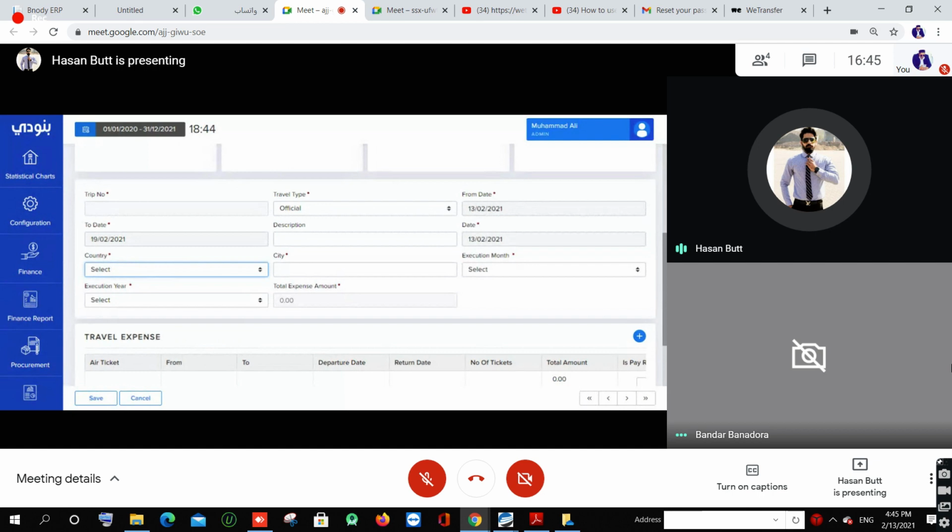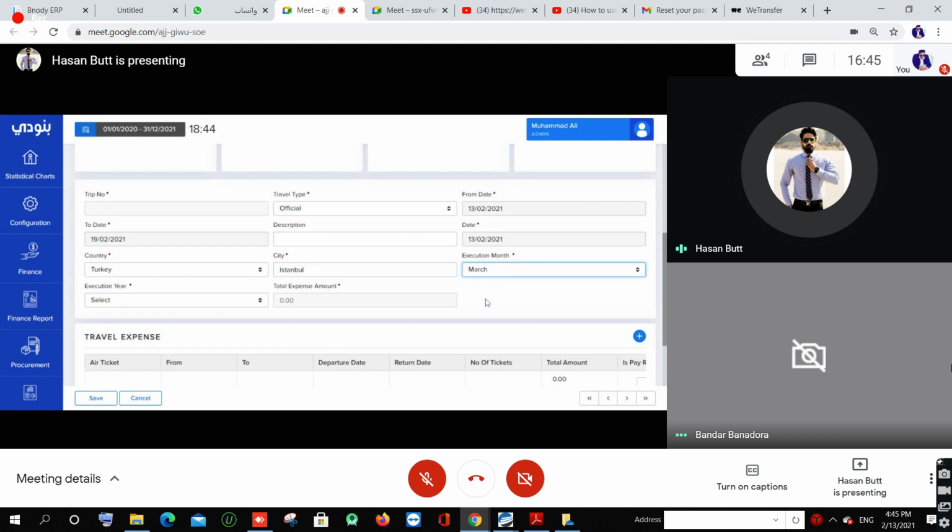If they are going to Turkey, we can also add the city name, which can be Istanbul. And it can be the execution month, in which month it will be applied. For example, they are going in February, and the company wants to pay them in March, so you can click on March as well.